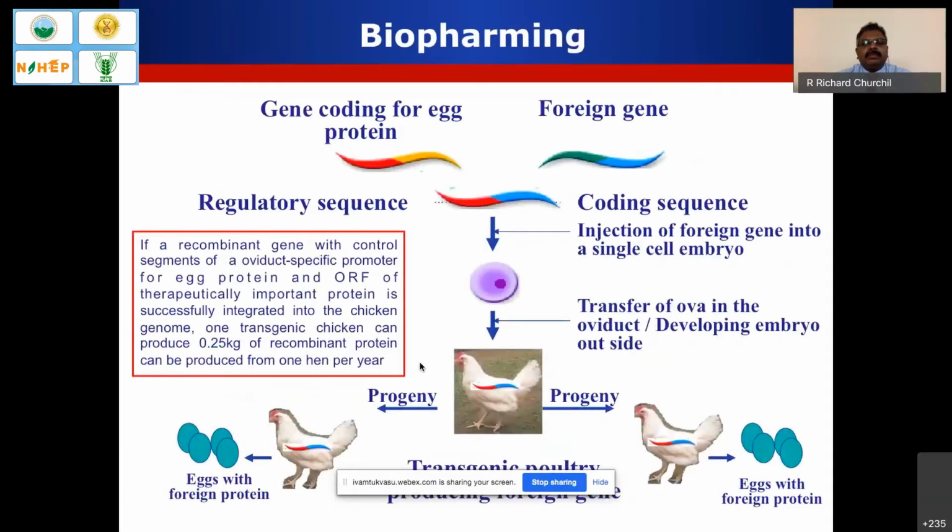Now, coming to biofarming. I told you the structure of a gene, and if I can construct a gene with the regulatory sequence of an egg protein and the coding sequence of a therapeutically important foreign gene, and insert this transgene construct in a chicken, the foreign gene can be expressed in the egg.